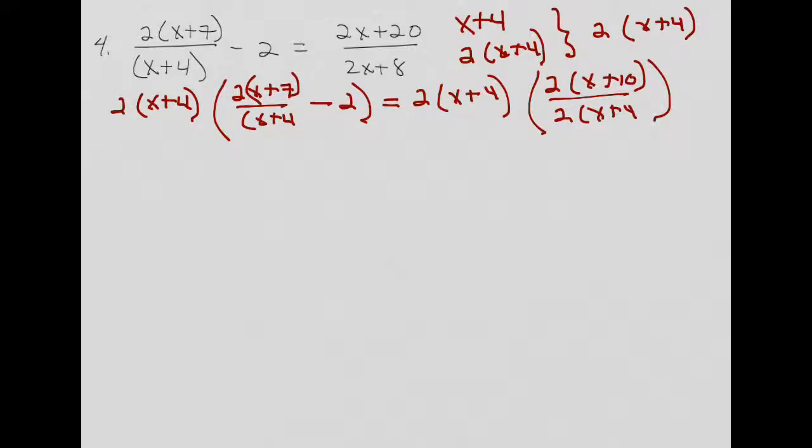So you can see that this denominator has x plus 4. It's going to cancel with the x plus 4 that's multiplying in. So this is going to be 2 times x plus 7. And when the 2 times x plus 4 multiplies by the 2 on the other side of the minus, I will have minus 2 times x plus 4.